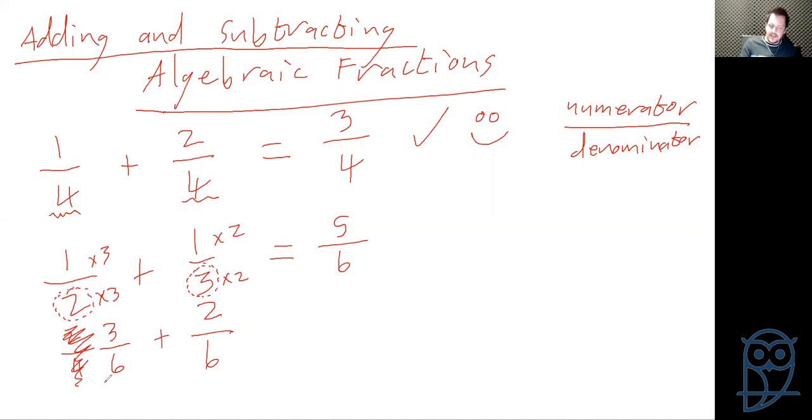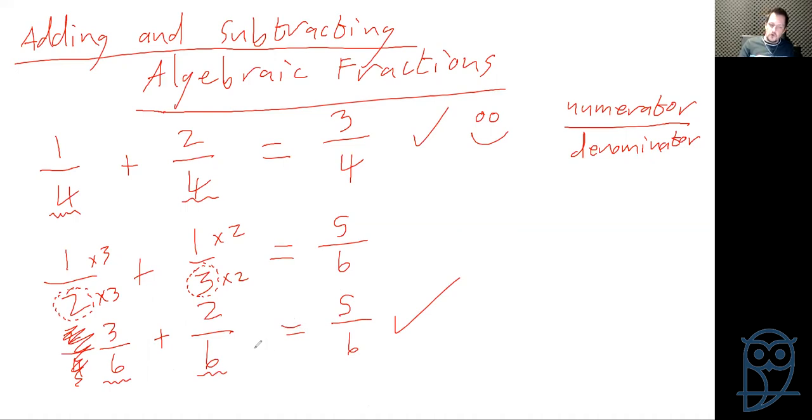Now that they are the same, I have the same size parts, and I can therefore add or subtract what I need to, and 3 plus 2 gives me my 5 out of 6, which is my correct answer, which is fantastic news. Now, what does that actually mean?